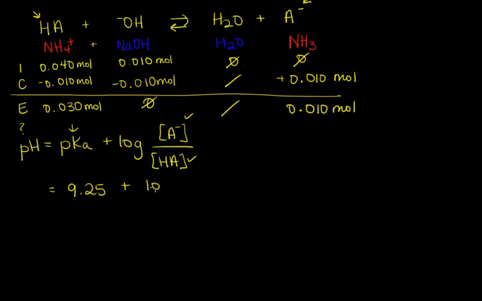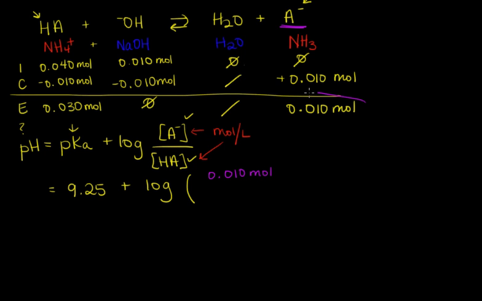So now we just have to take the ratio of these two, and remember this is concentration, and concentration has to be in moles per liter for the top and the bottom here. So I'm going to do the moles in pink. 0.010 moles of the A minus here.